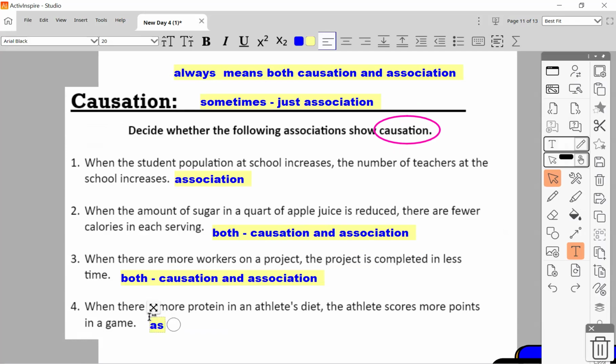So this one, I would say it's an association. Or if you're an athlete and you know a lot about working out and being coachable and all of that stuff, this could be no correlation. So you'd have to really explain yourself if you want to tell me if you think it's no correlation or association. All right.